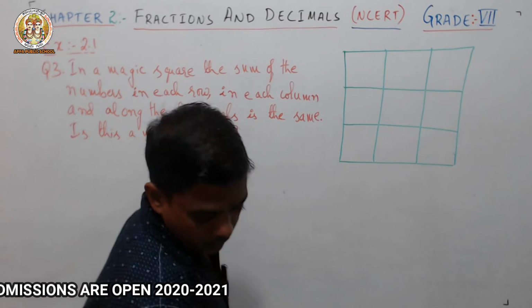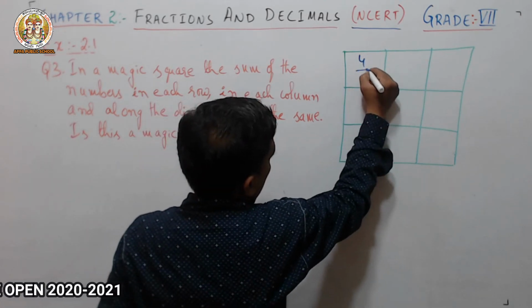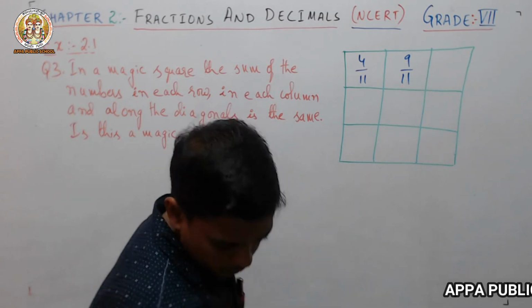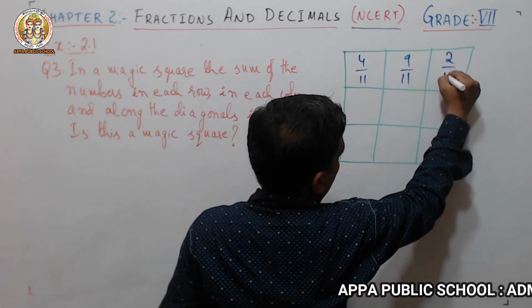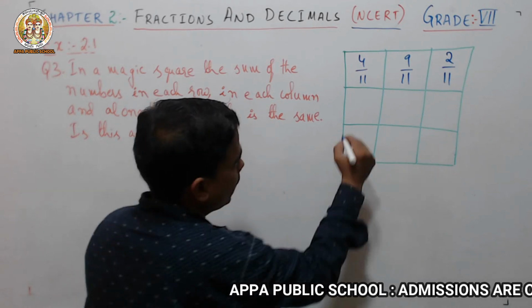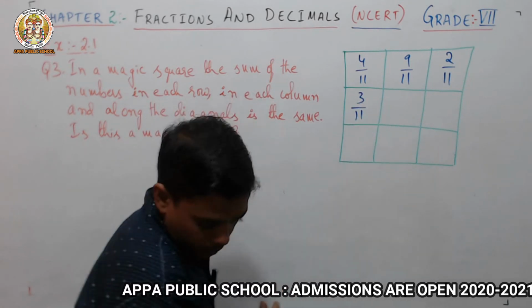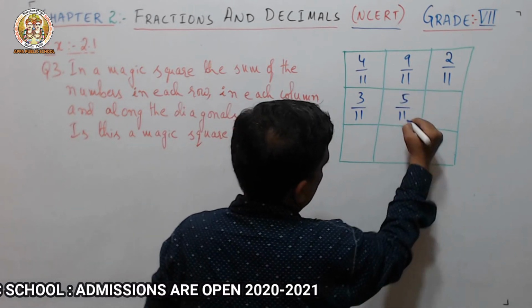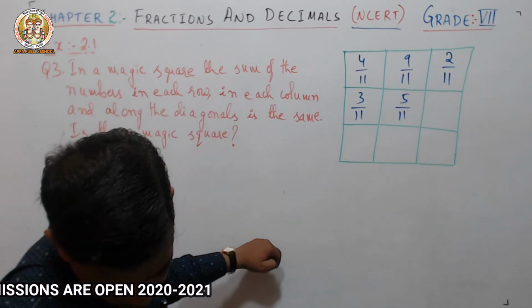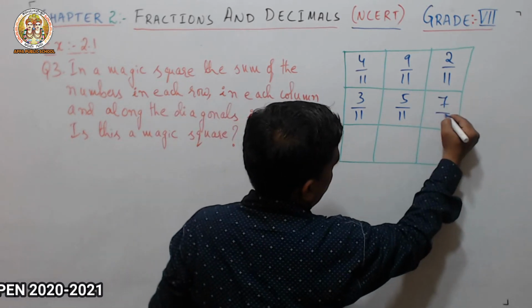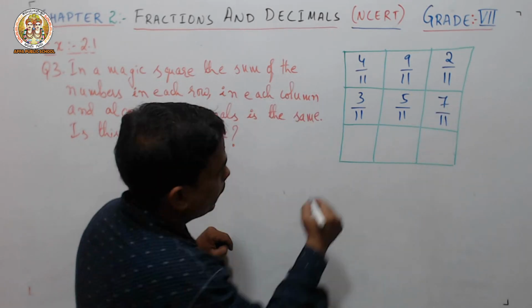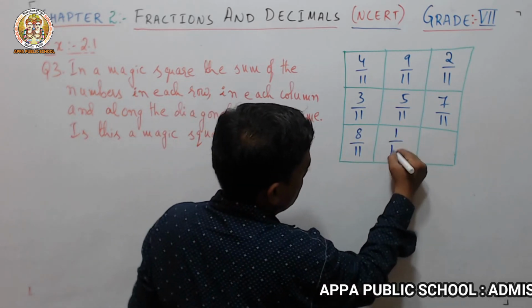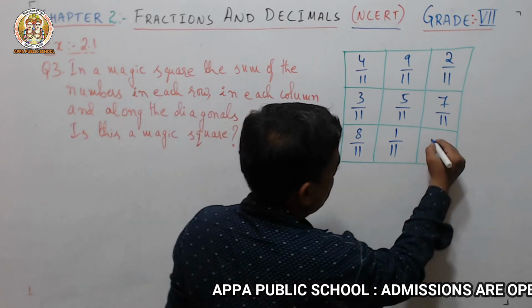What are the numbers? 4 by 11, 9 by 11, 2 by 11. Next one, 3 by 11, 5 by 11, 7 by 11. Then 8 by 11, 1 by 11, 6 by 11.